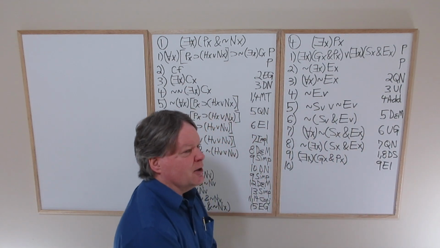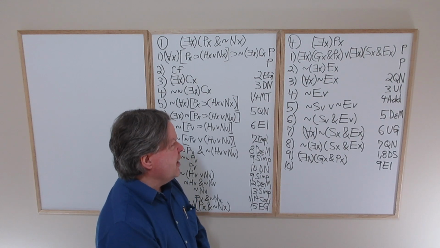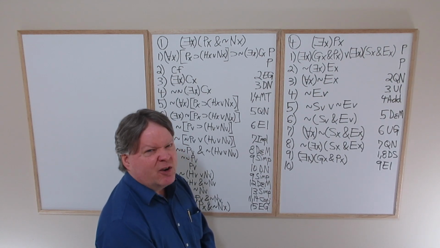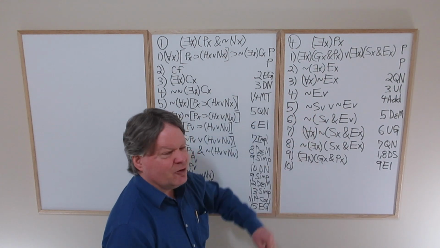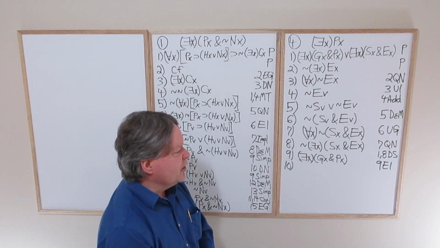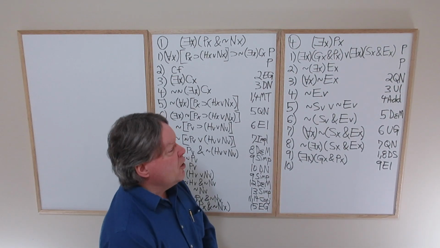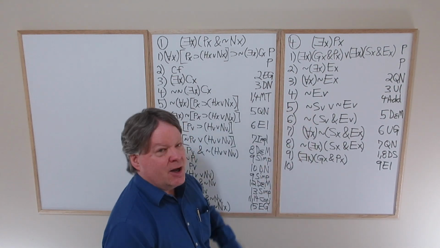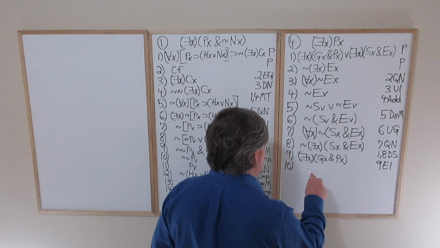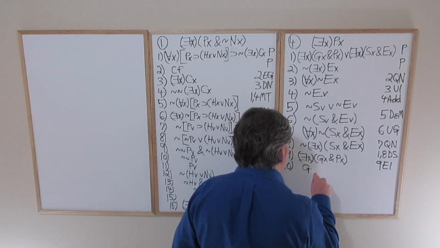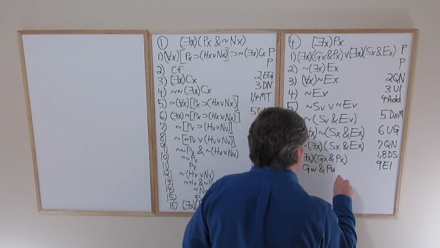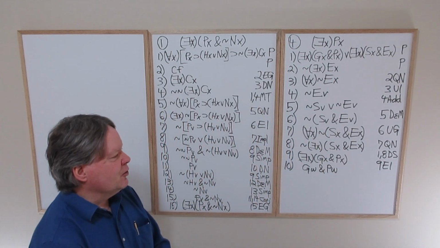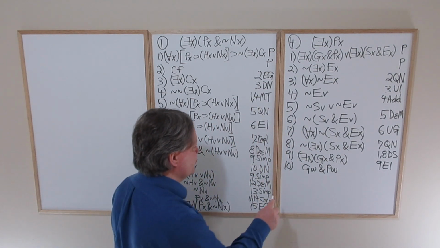Remember the restrictions. To do an EI, it has to be a free variable that hasn't occurred earlier in the proof. So notice V has occurred earlier in the proof. We don't want to be smuggling in information we're not entitled to. So we will do the EI in terms of unspecified W.